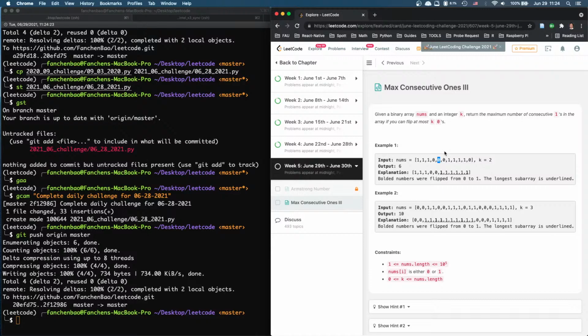The maximum I can get doing 1 flip. If I flip here, then that's it. That's the 1 and 3. Yeah, if I flip once, I still get 3 here. But that's different, right? That's different.